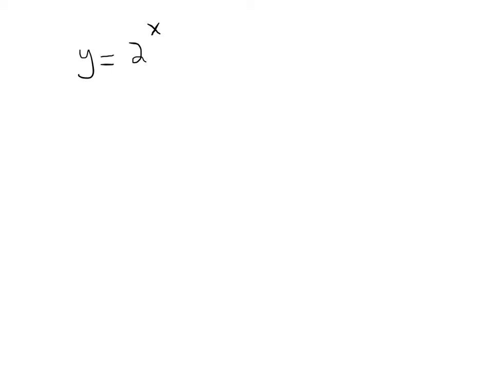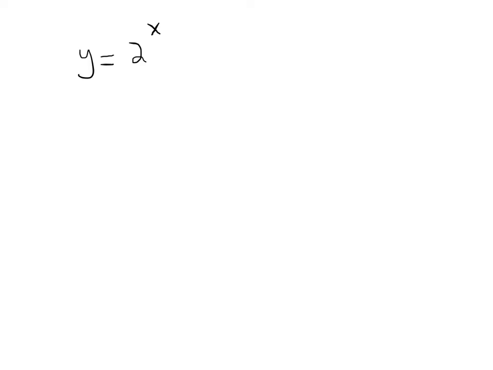Now we'll remember from our exponential function, our base here is going to be a positive number unequal to 1. So we could have a base of a third, we could have a base of a half, we could have a base of a quarter, we could have a base of 1.3, base of 7, etc. But by definition for exponential functions, our base is a number greater than 0 unequal to 1.